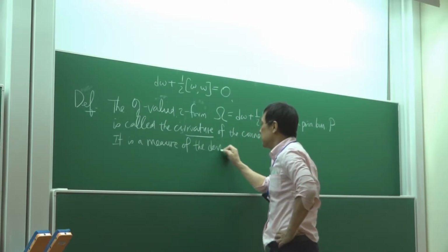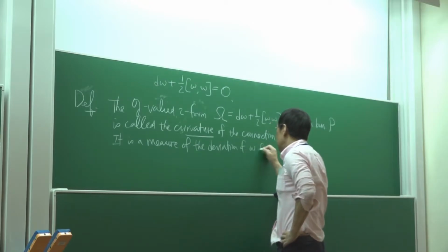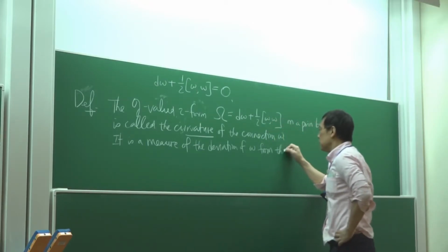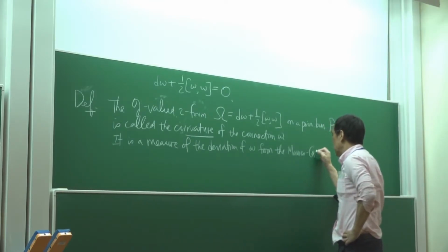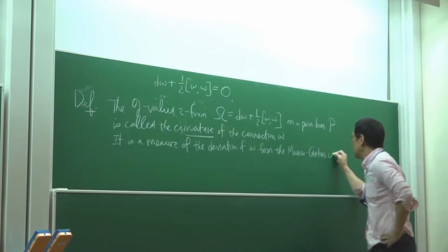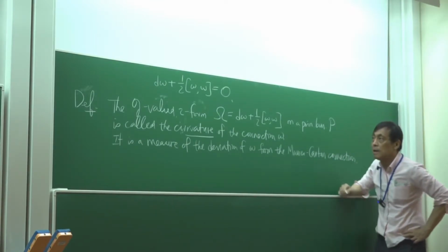It's a measure of the deviation of omega from the Maurer-Cartan connection. Okay.